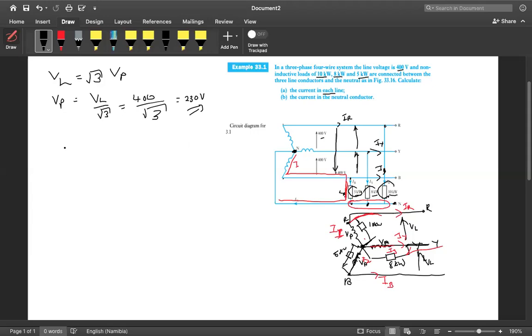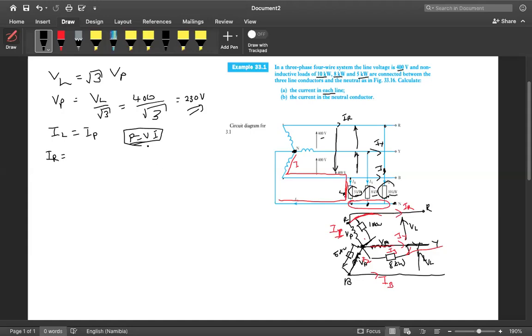Now, from there, we can start calculating the line currents, simply because we know that in a star connected system, our line current is equal to the phase current. So IR will be equal to what? Power is equal to VI, and these are scalar quantities. You can see that this is purely resistive, so that formula applies.